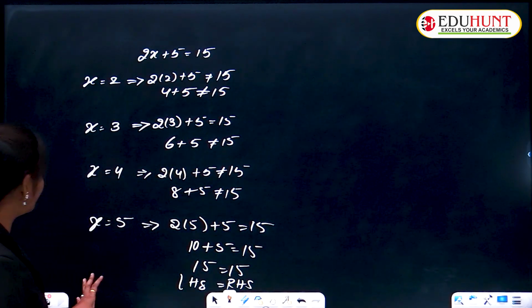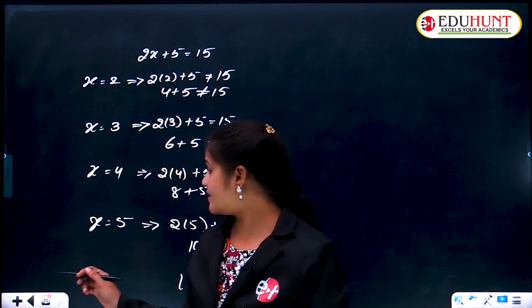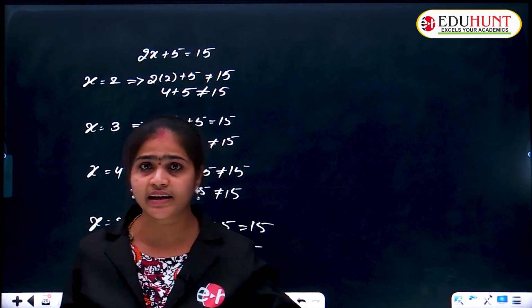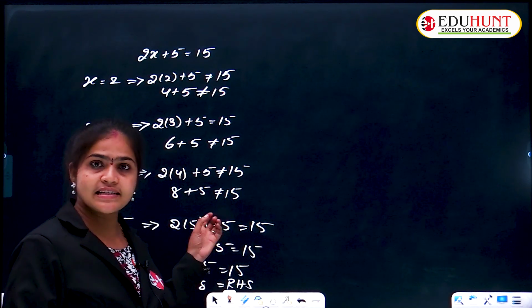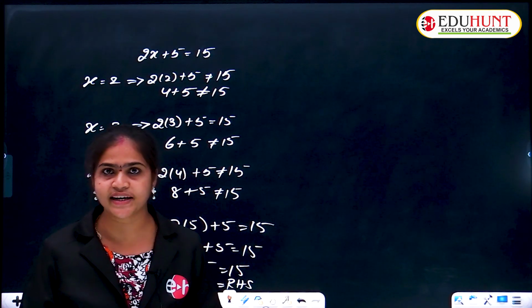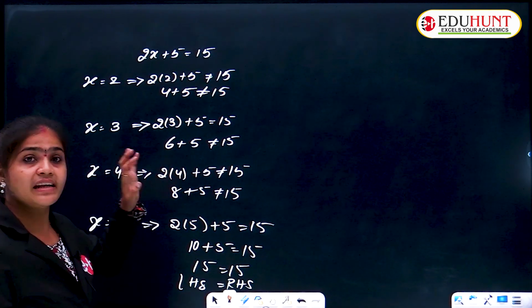Now see, x is equal to 1, 2, 3, 4 are not satisfied, and the given equation is satisfied only for the value 5. If you take x is equal to 5, then only it is satisfying; otherwise it is not. This process is called replacement.